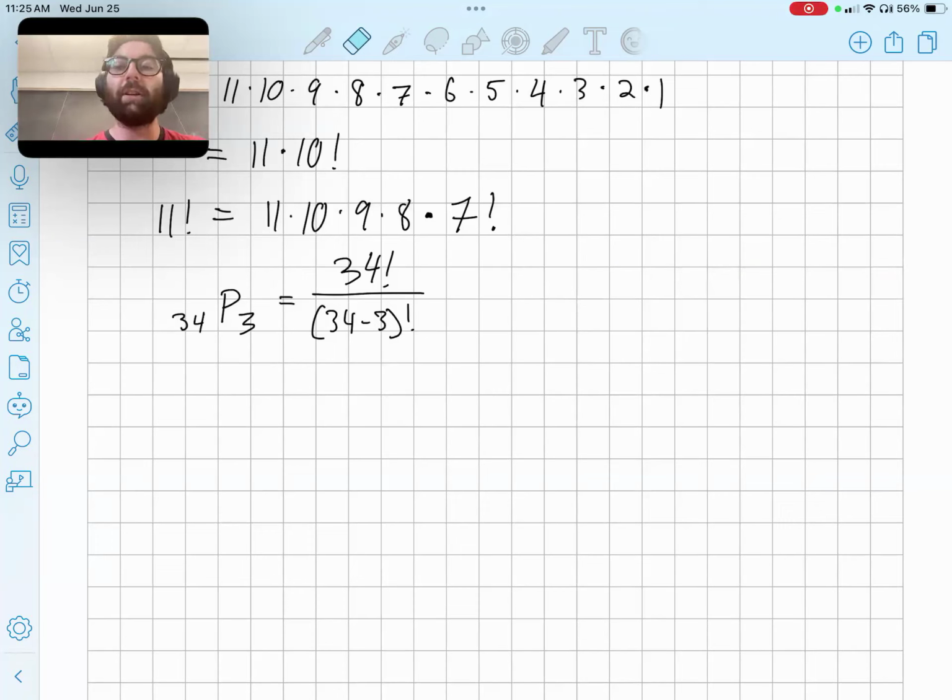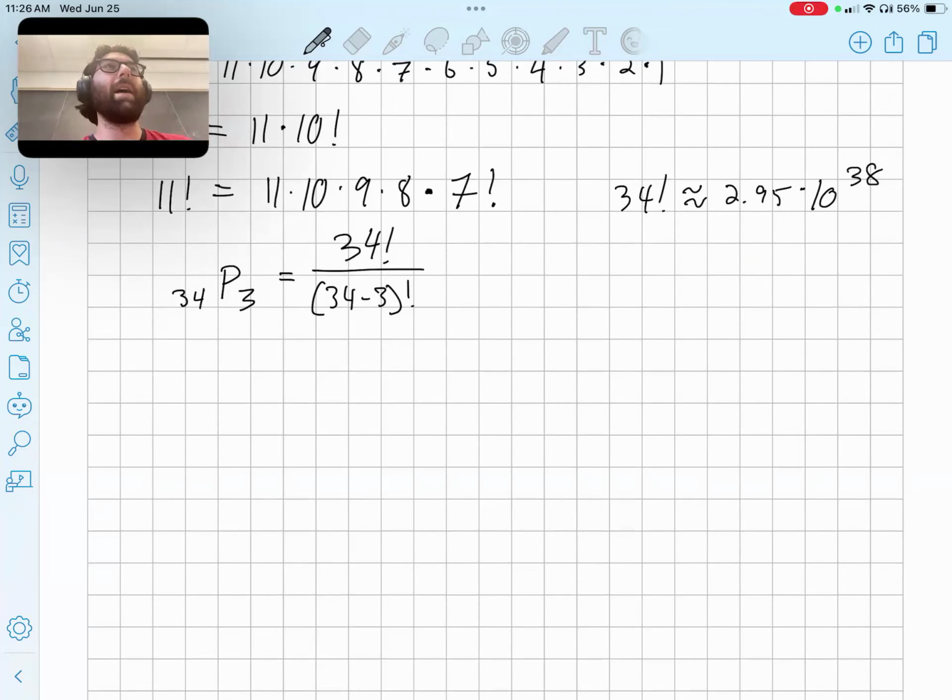And not to mention that 34 factorial is crazy. 34 factorial is approximately equal to 2.95 times 10 to the 38th power. That's a 295 with 36 zeros after it.